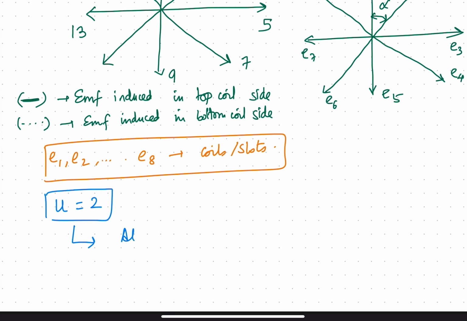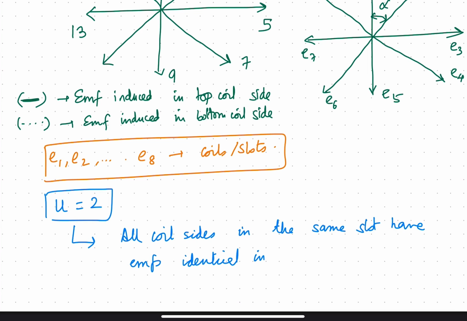All coil sides in the same slot have the same EMFs, identical in phase and magnitude. These EMFs are same in phase as well as in magnitude.